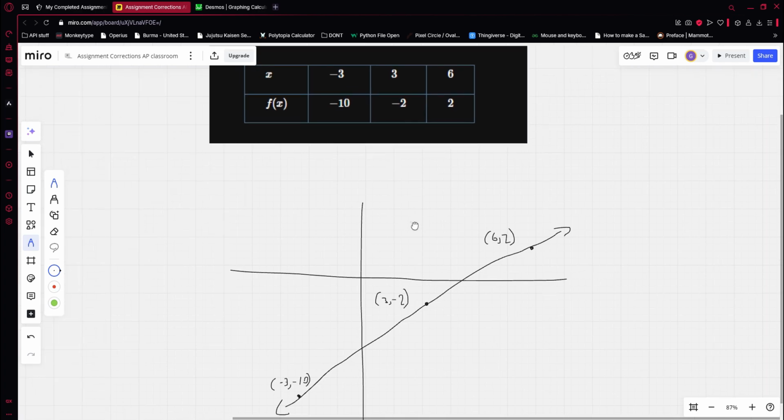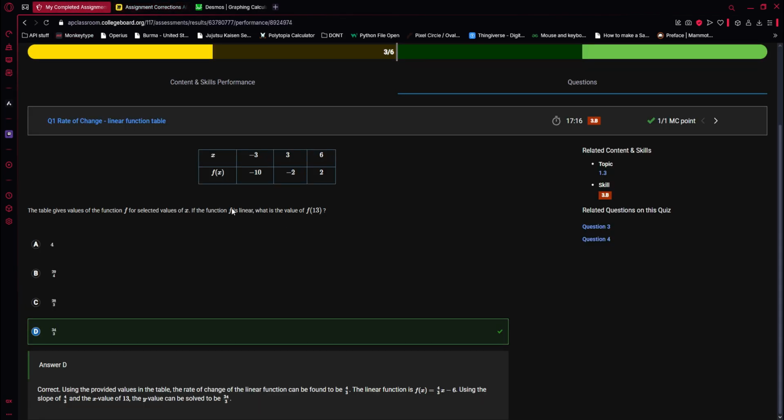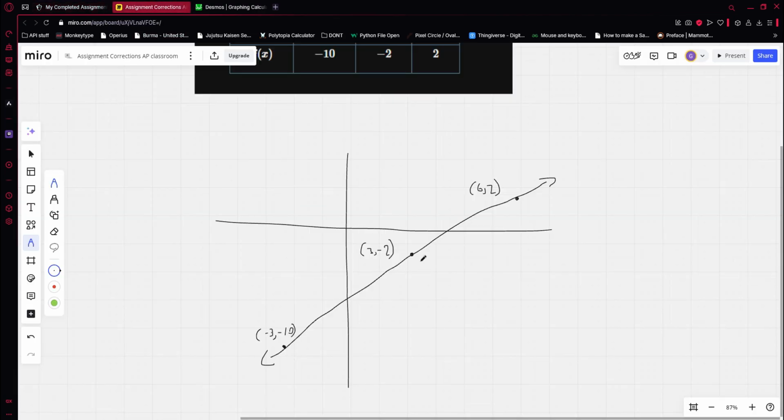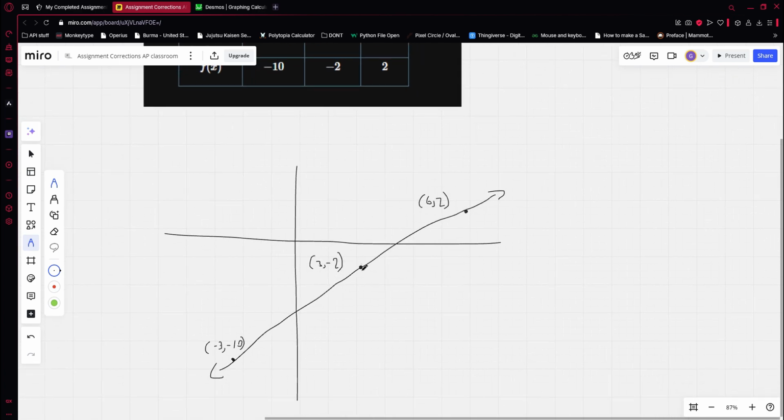This is what it's going to look like. Notice it's a straight line. We know it's a straight line because it said earlier this function is linear, right? So we're trying to find f(13), which means we need the slope. How do we find slope? Well, we can do that using the Pythagorean theorem, a lot more complicated method than it sounds.